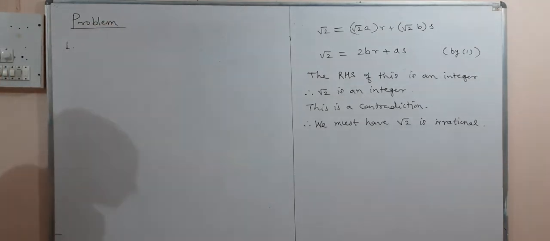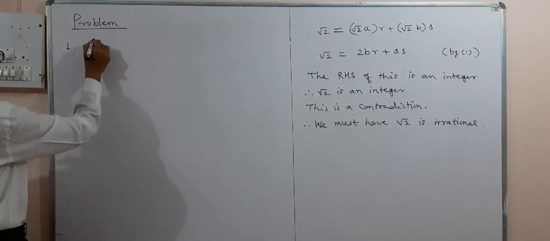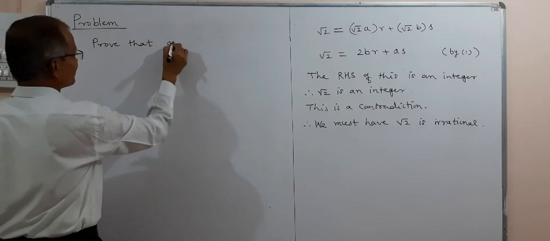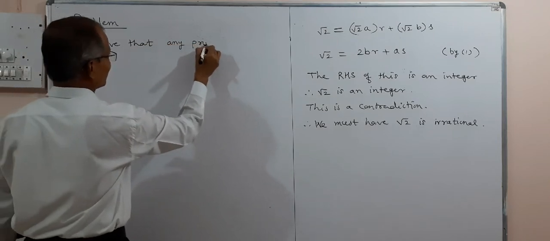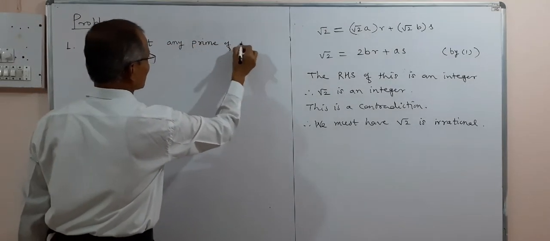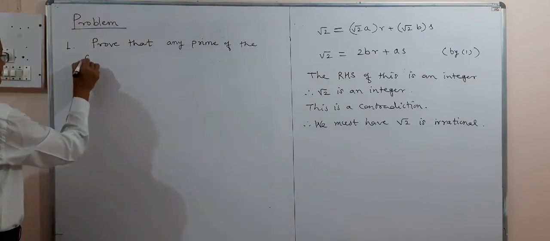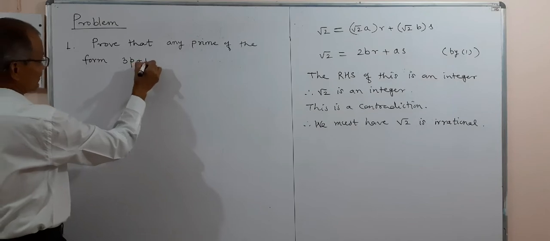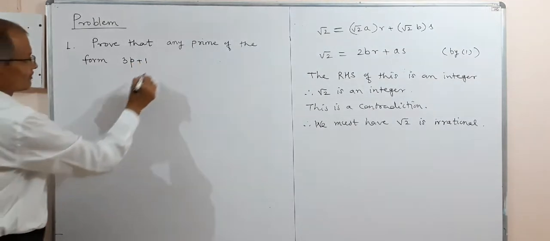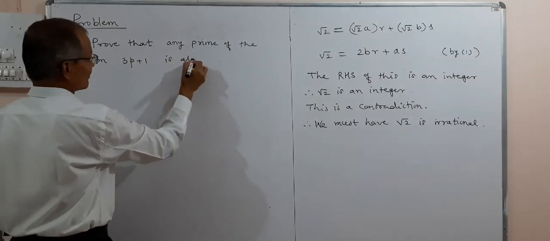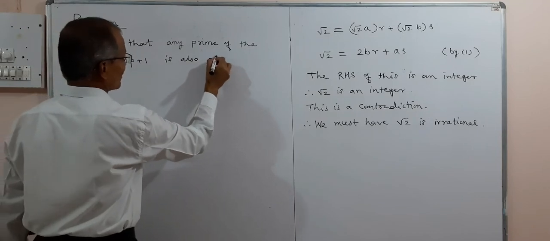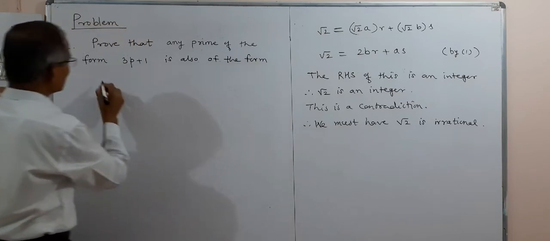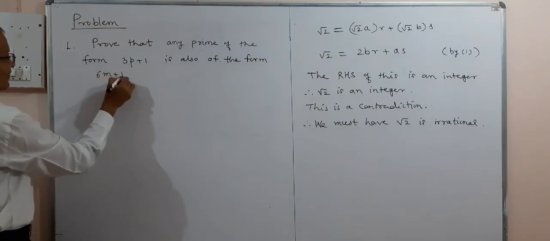We will consider one problem: prove that any prime of the form (3p plus 1) is also of the form (6m plus 1).